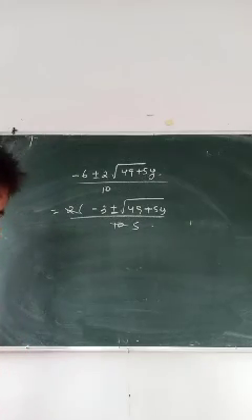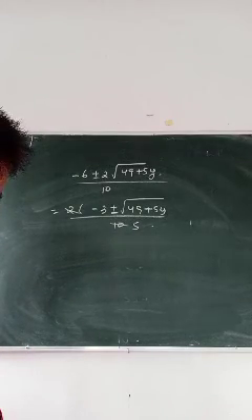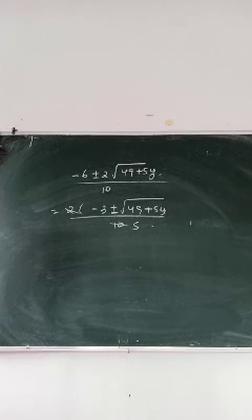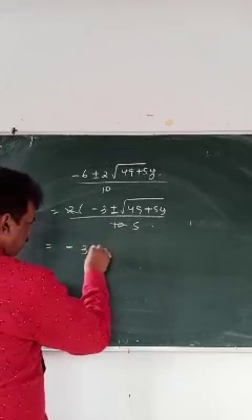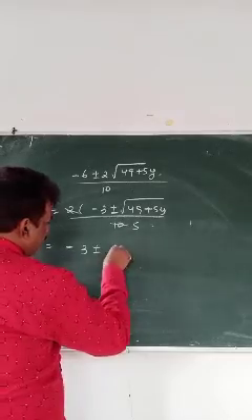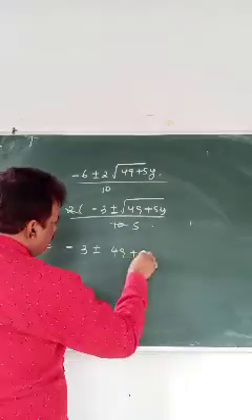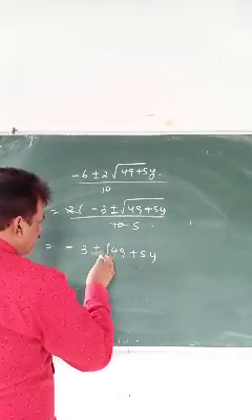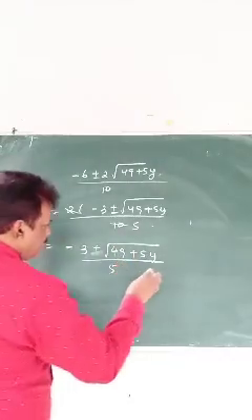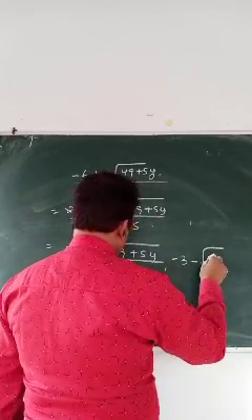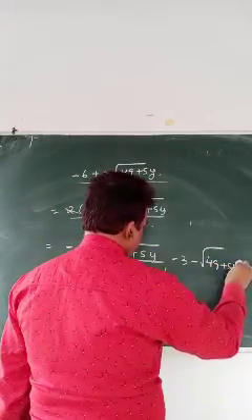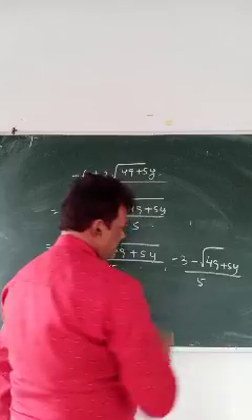Then you are getting minus 3 plus minus root of 54 plus 5y, by 5, and minus 3 minus root of 54 plus 5y, by 5.